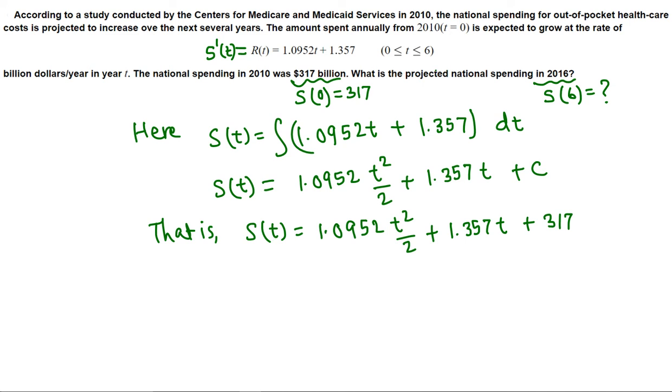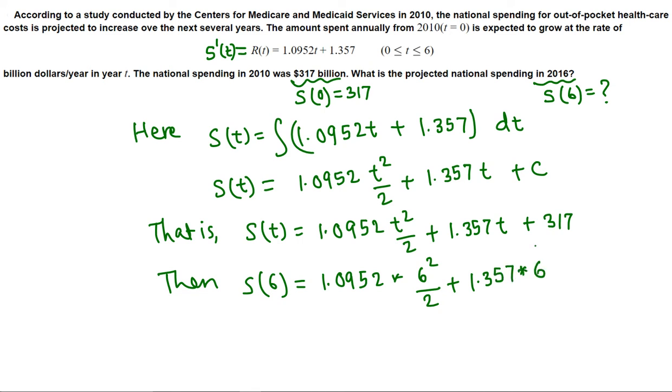Now we need to find the projected national spending in 2016, so replace t by 6. Then S of 6 is equal to 1.0952 times 6 squared over 2 plus 1.357 times 6 plus 317.